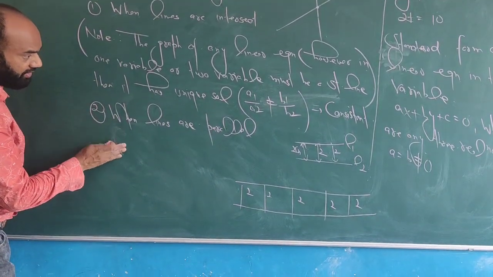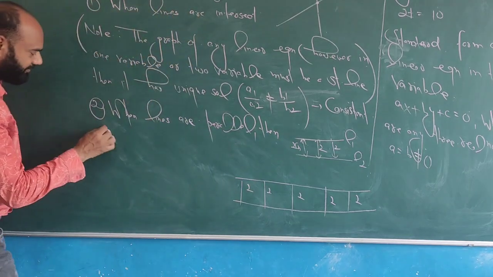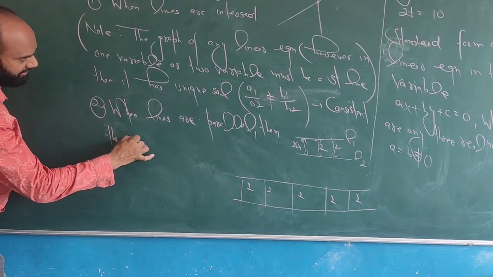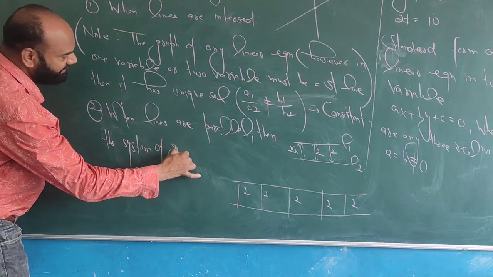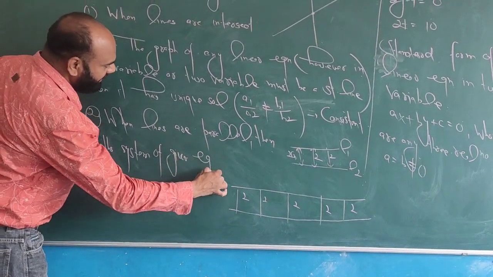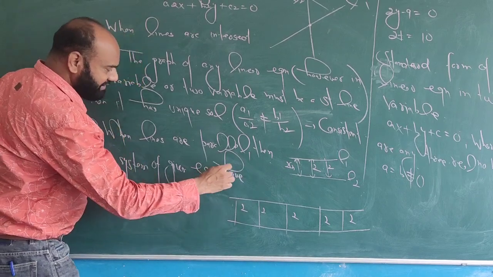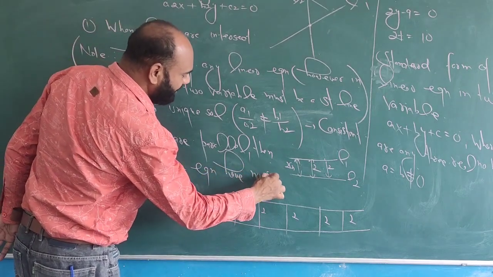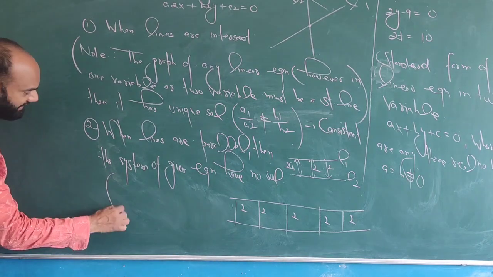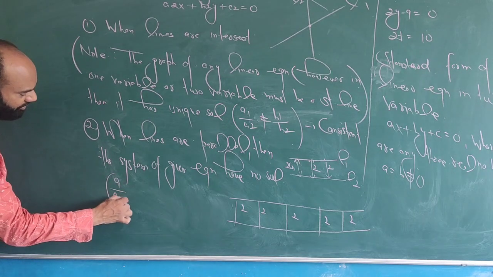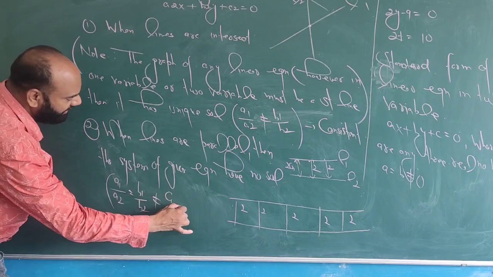Then the system of given equations has no solution. And in no solution, the condition is that the coefficients of the first two terms are equal and the third terms are not equal.